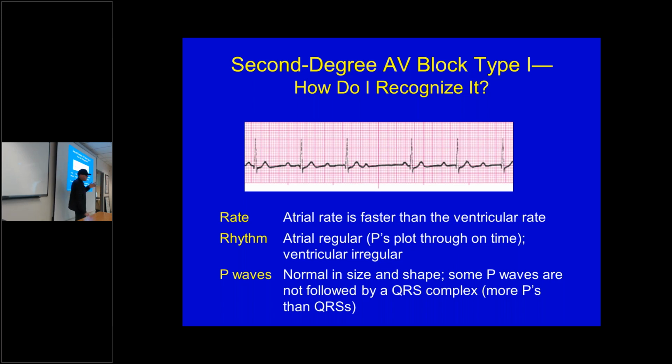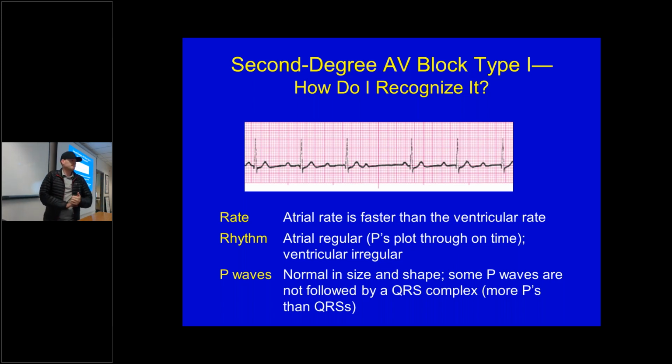So they're not independent. Independent is only with a complete heart block, third degree. With these heart blocks, it's just that the signal is getting worse and worse and worse until it drops, and there's no beat. And then it starts again. And then you'll see the same pattern.